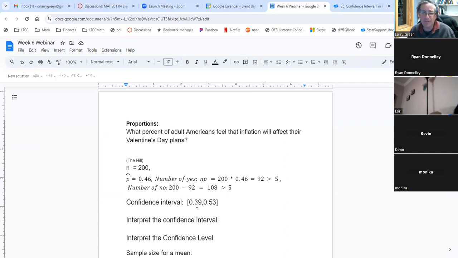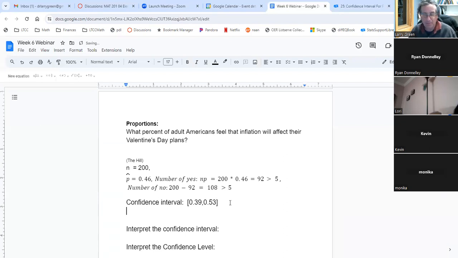Just a note, by the way, this is kind of important, so let me mention this. Margin of error. That is going to be 0.53 minus 0.46, which is equal to 0.07.